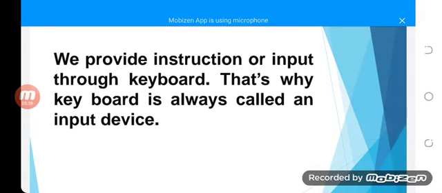We provide instruction or input through the keyboard. That's why the keyboard is always called an input device.